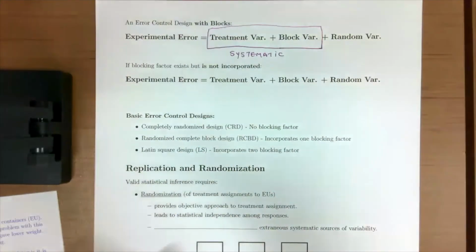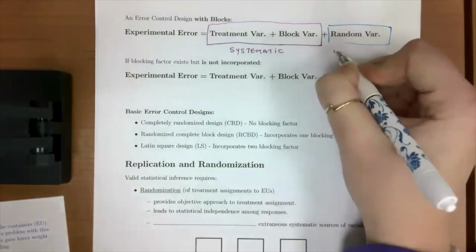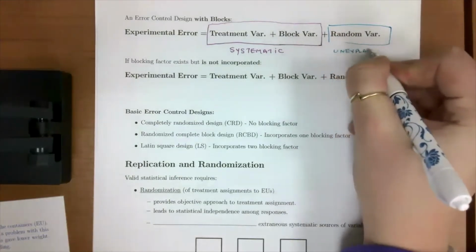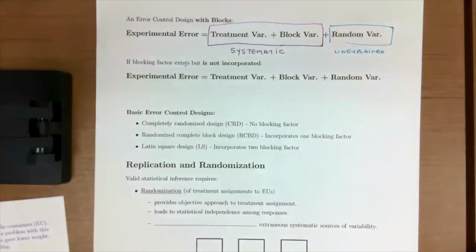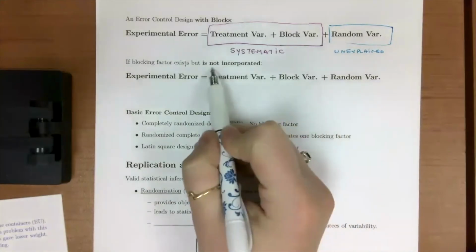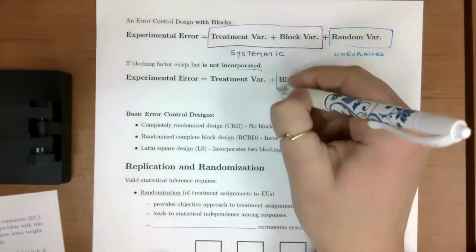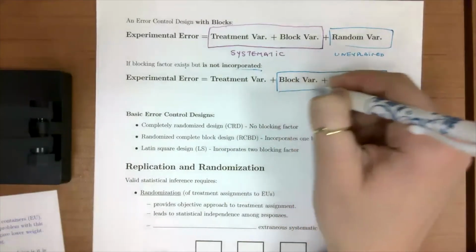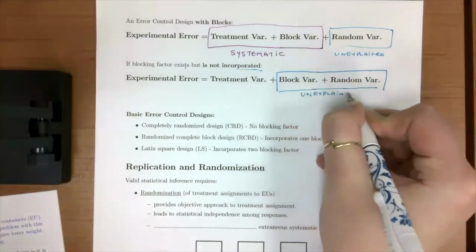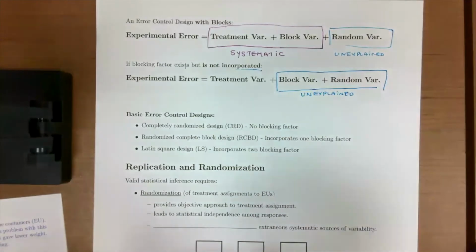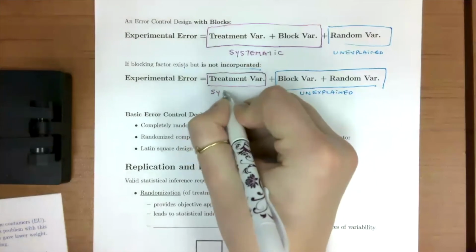We can understand it, and leave the random variability as the unexplained. Okay, but if a blocking factor exists, such as our assistants that we have here, but it's not incorporated in our designs, then our blocking variability is actually going to be put with the unexplained, and thus giving us less powerful inferences.